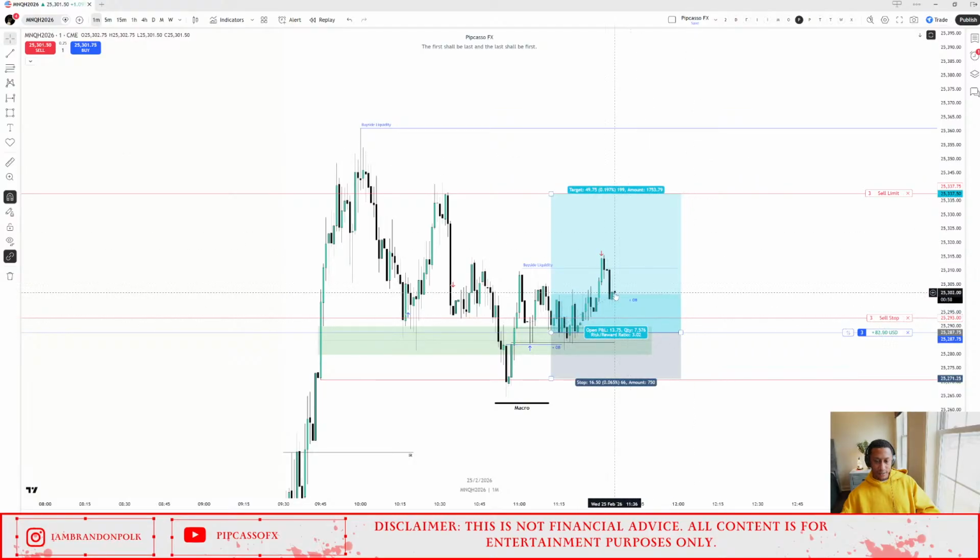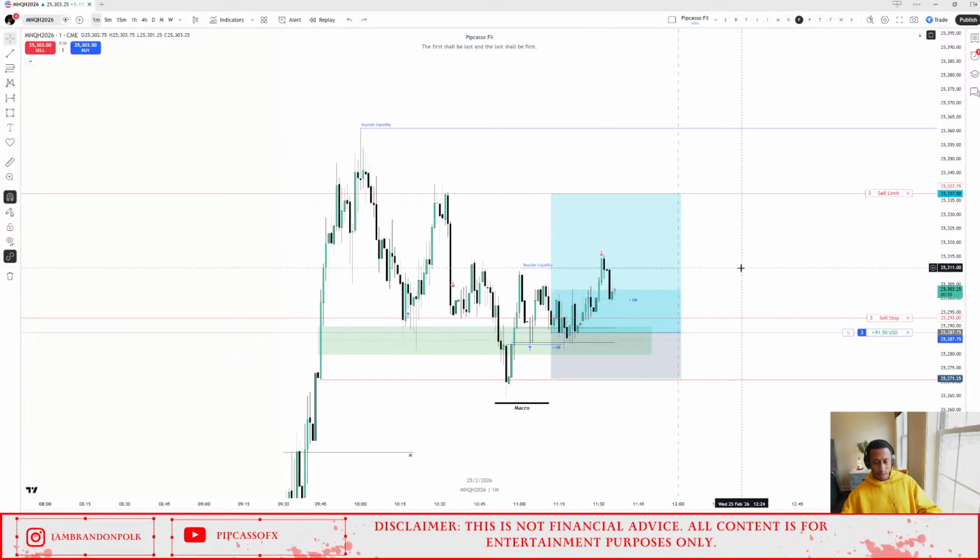Again, the closer we get to 12 o'clock, the less likely I think that this is going to pan out to take out this high. Then we're going to lunch hour and get this mess, which is what I was not expecting at this point. The fact that we can't even get up to this rejection block is wild to me. But that's gonna be it.